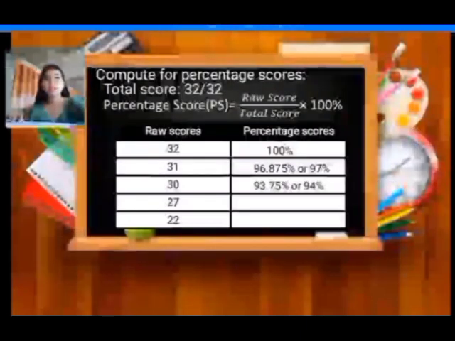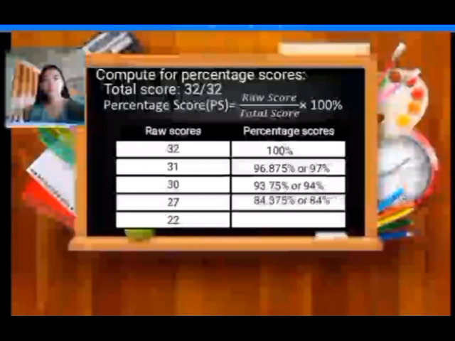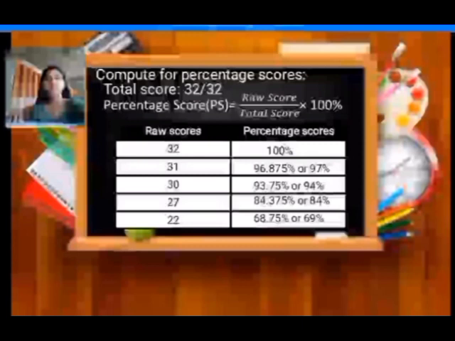If the raw score is 30, that is 93.75% or 94%. If your raw score is 27, that is 84.375% or 84%. If your raw score is 22, then your percentage score will be 68.75% or 69%.